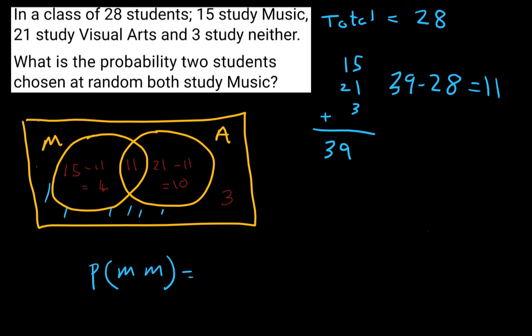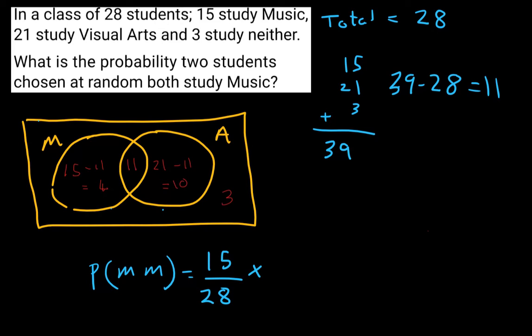Probability of music, and remember that the intersection in the middle is also music. The 11 people who do music and art also study music. So we have got a total of 15 out of 28. So that's the probability of choosing the first person who studies music.